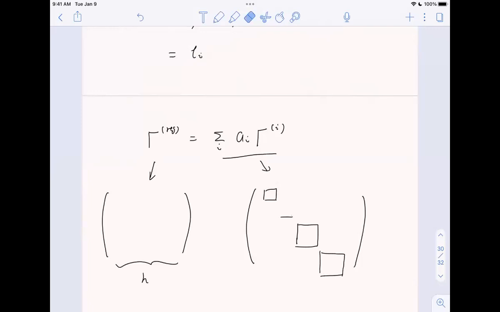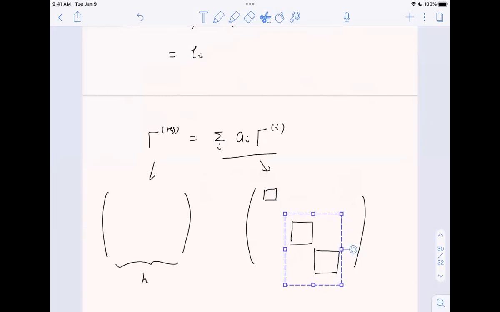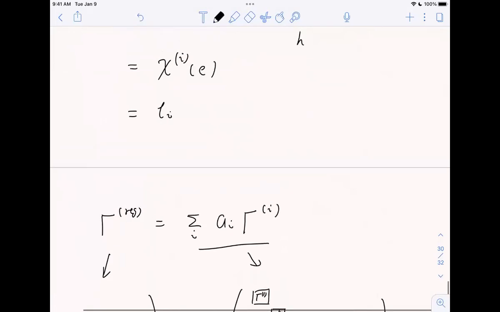Let me see. I think a block form will be something like this. You will have gamma 1. There's only 1. Gamma 2, there's only 1, because they are all one-dimensional representation. And the dimension is also the number of times that they will appear.